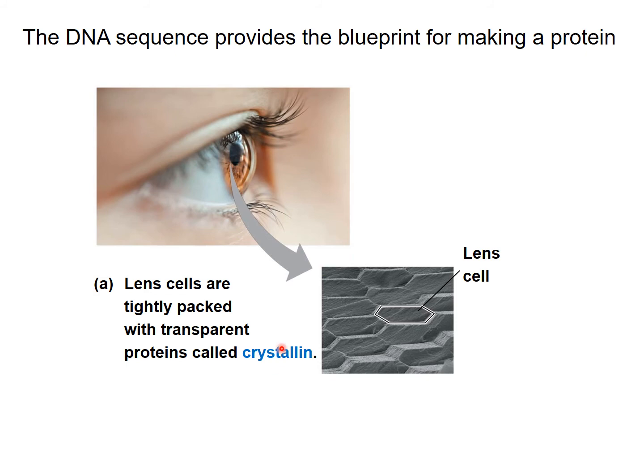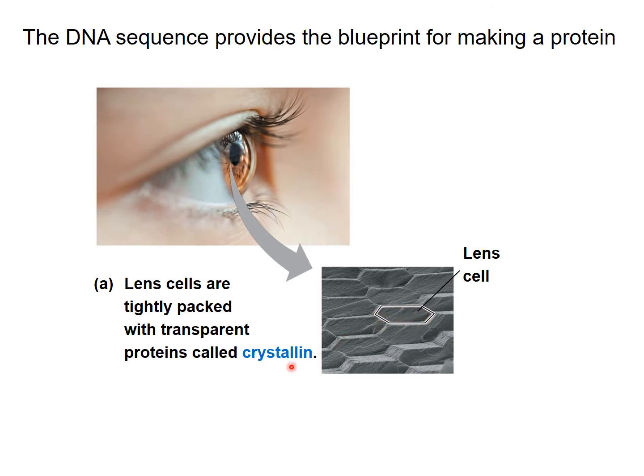Crystallin is a protein which is transparent, and it makes up the lenses of the eye. We can see the lens of the eye, and looking a little bit closer at it using an electron microscope, we can see the individual cells that make up the lens.